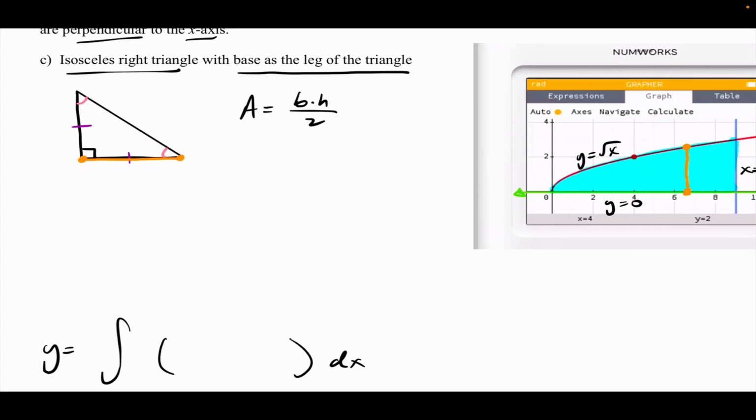Okay, so what do we know about the base and the height for this type of triangle? They're going to be the same. Base and height are going to be exactly the same for this triangle because it's an isosceles triangle.